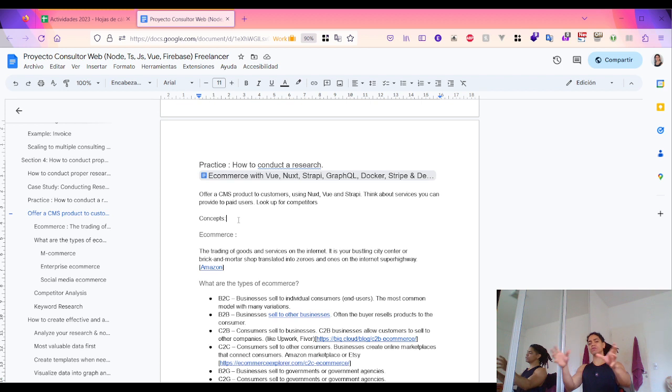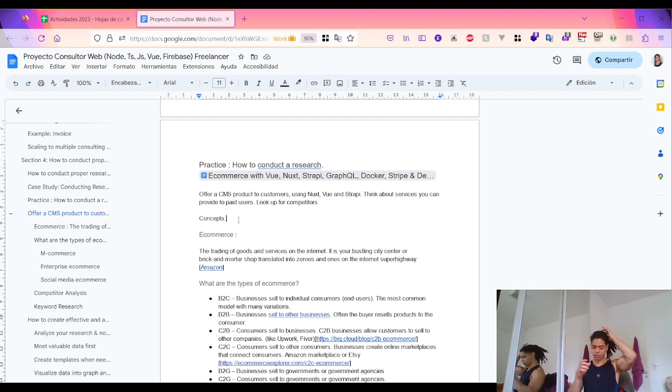So with this huge overview of the specific business activities, e-commerce refers exclusively to the transaction of goods and services on the internet, according to Shopify. Great. So with that, now I need to understand the types of e-commerce, the actors involved, and how they relate to each other, aka the business model.